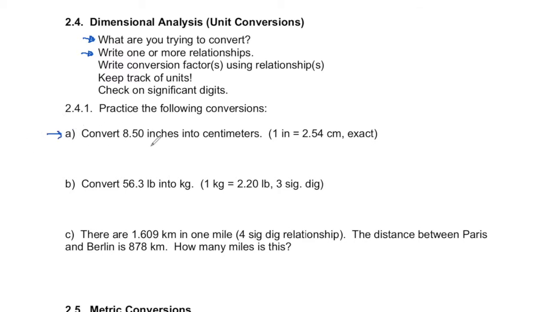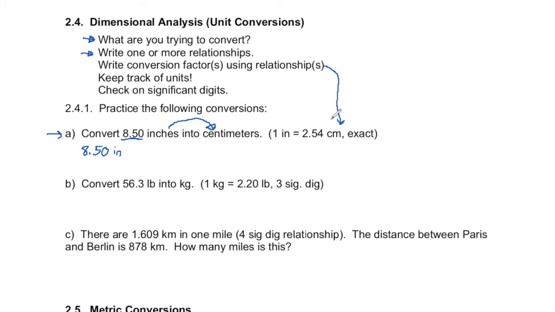In this particular problem, it's pretty obvious that we want to convert 8.50 inches. That's how long something is, and we want to know how long it is in centimeters. So we want to change the units, but we do not want to change the length. We want to know that same length, 8.50 inches, in centimeters.